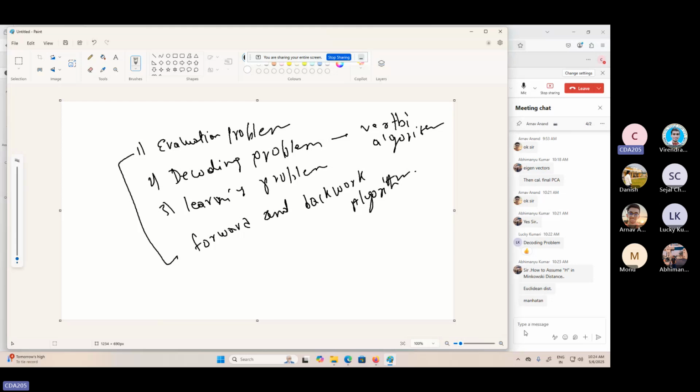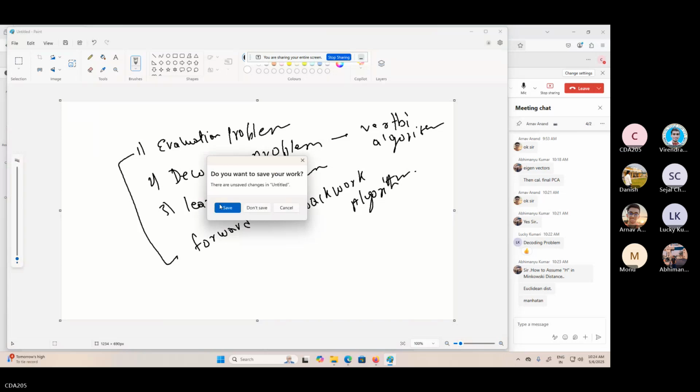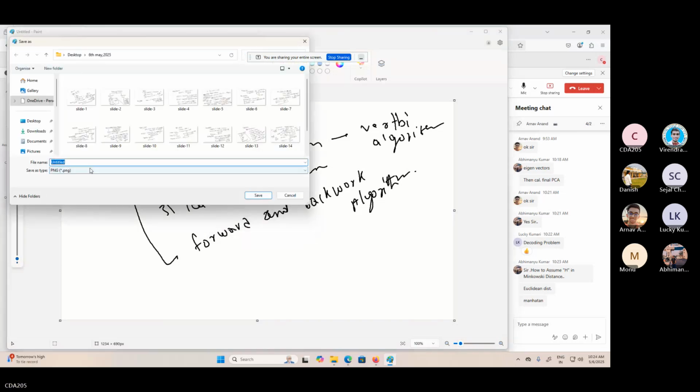We also have to see another thing, that is the computational capacity of the system. We have to understand the data part.